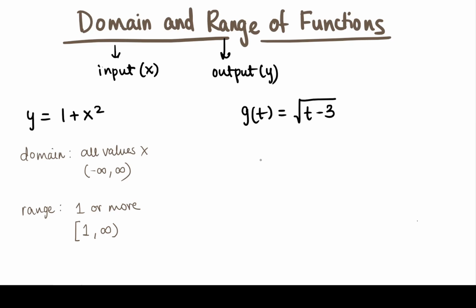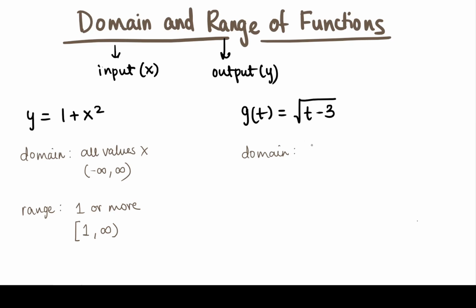So the domain for this function would be all values of t that keep this expression, t minus 3, non-negative, because we cannot have a radical of a negative number.